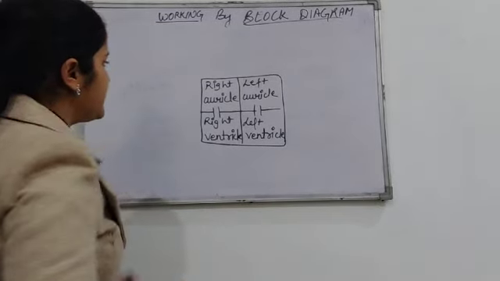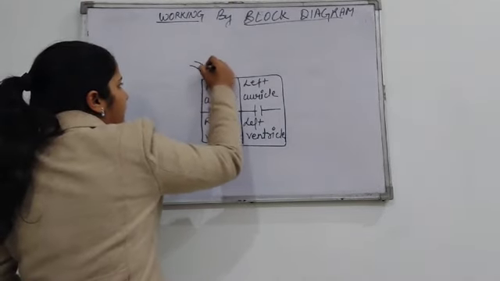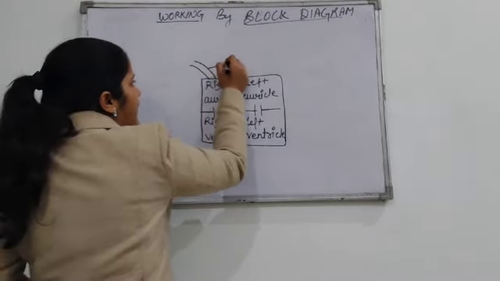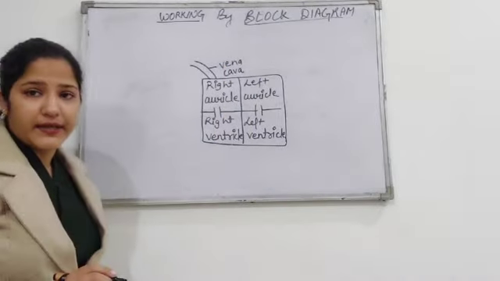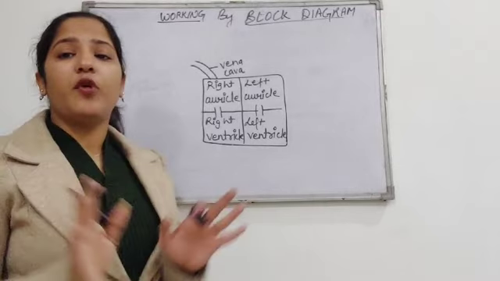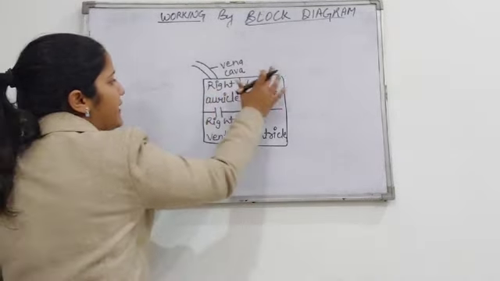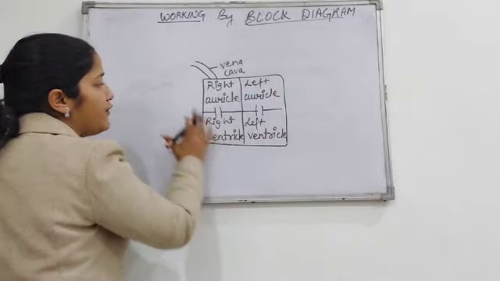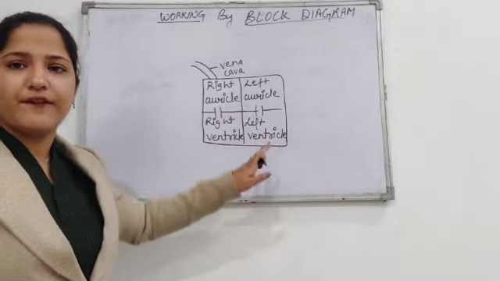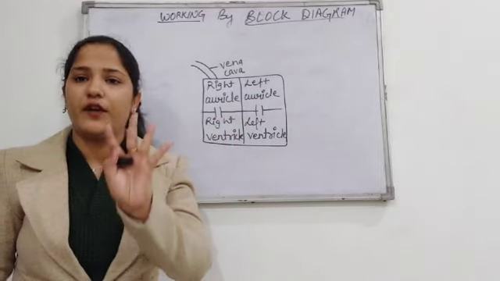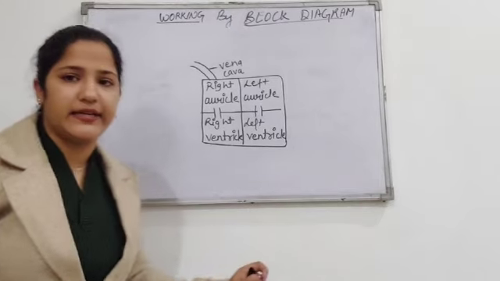So what happens is, in the beginning, with the help of a vein called vena cava, impure blood from all the body parts enters into the first chamber. You know that our human heart comprises 4 chambers: right auricle, right ventricle, left auricle, left ventricle. These are the 4 chambers of the heart. And now the impure, or you can say deoxygenated blood.